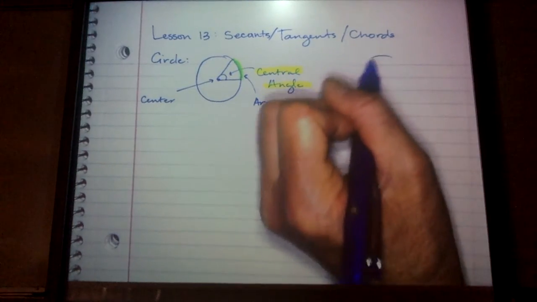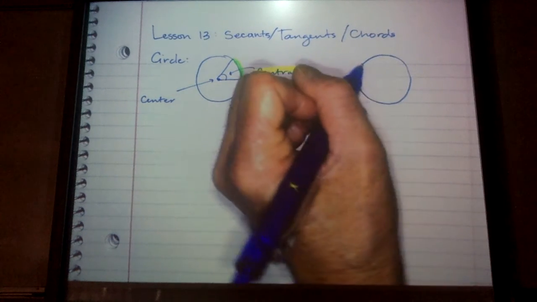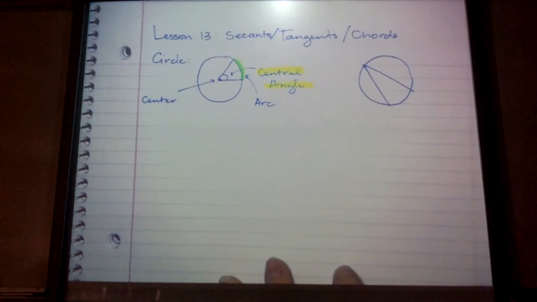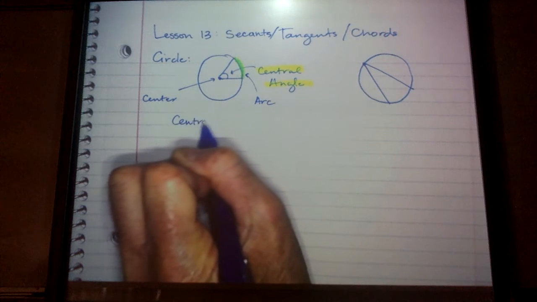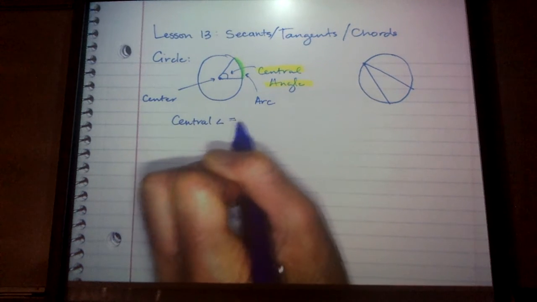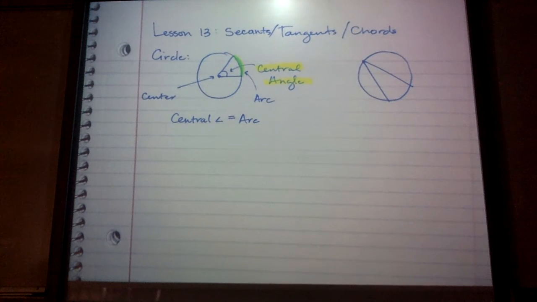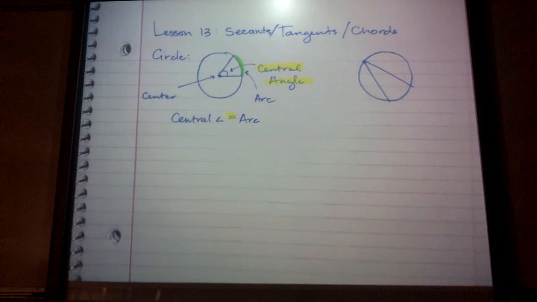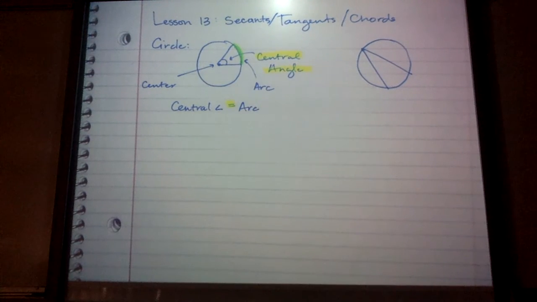Another possibility is an inscribed angle. A central angle and the measure of its arc will be equal to each other. So if this is 60 degrees, the arc is 60 degrees.